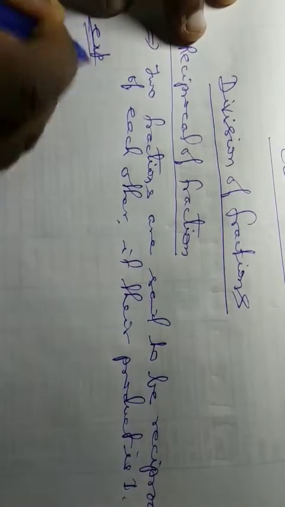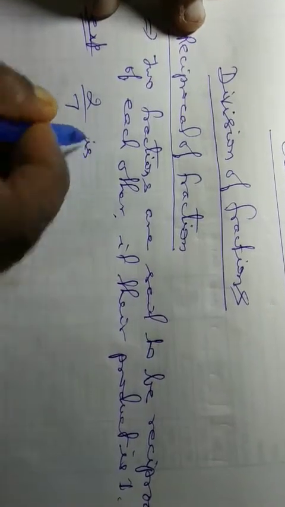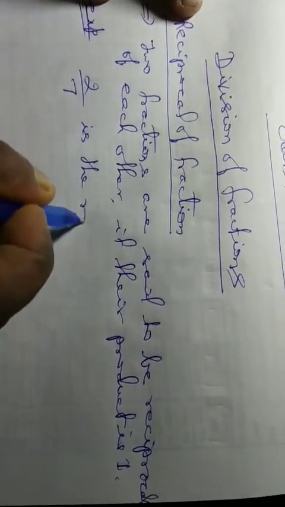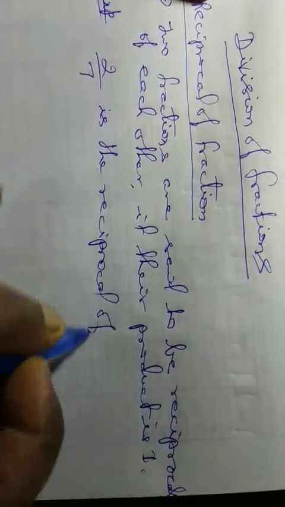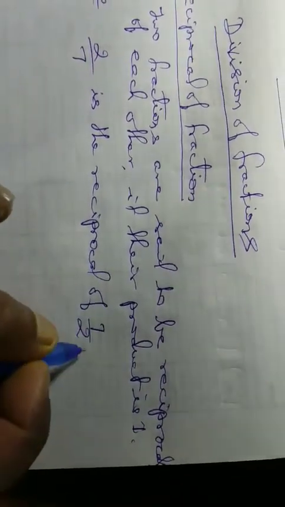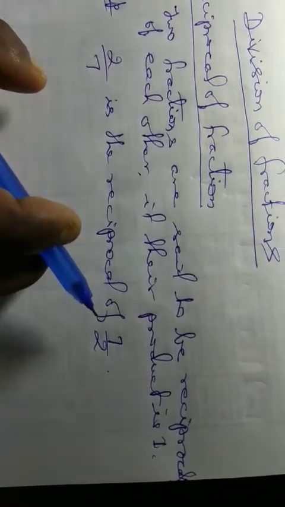Example, 2 by 7 is the reciprocal of 7 by 2.